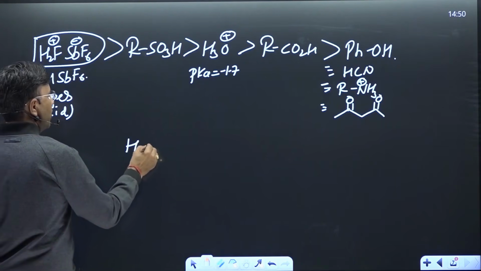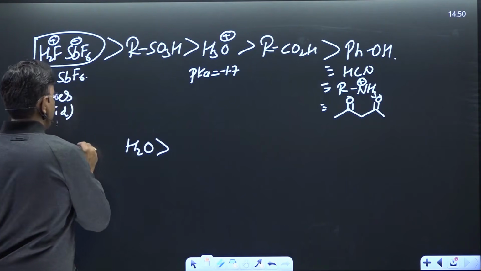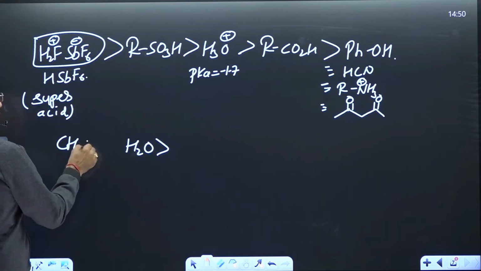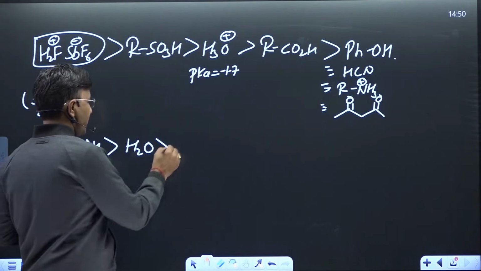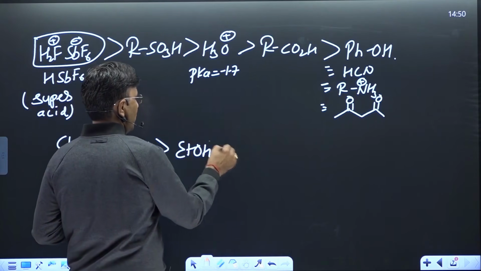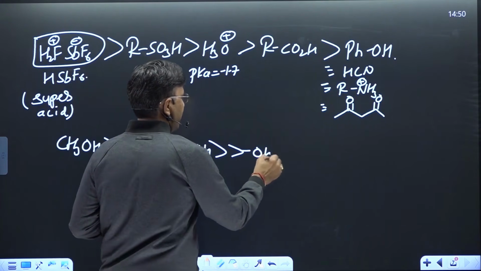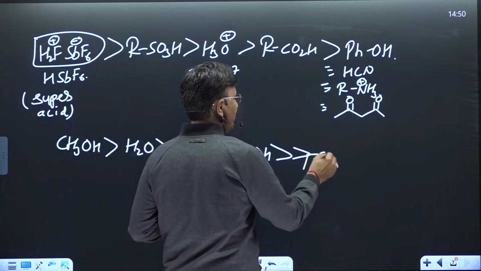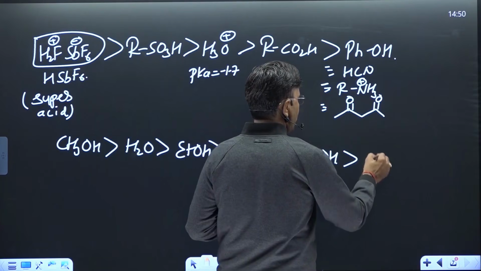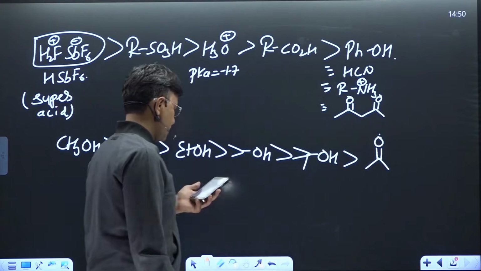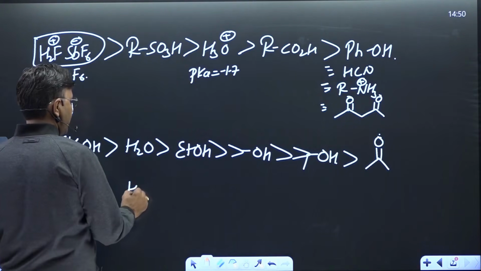Then water is more acidic than all alcohols except methanol. Water, methanol, water. Then comes ethanol. You have to write the pKa values for all of these after watching that pKa song. Then comes the ketone. Then comes alkyne.